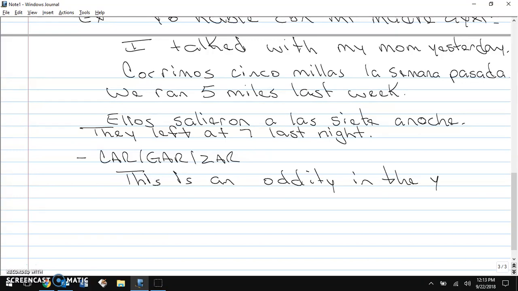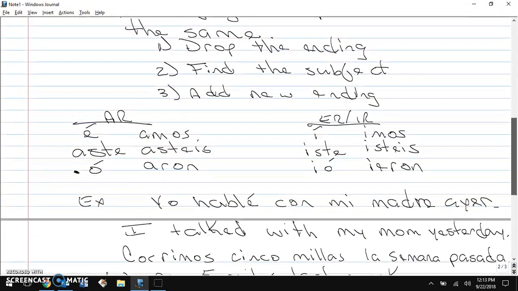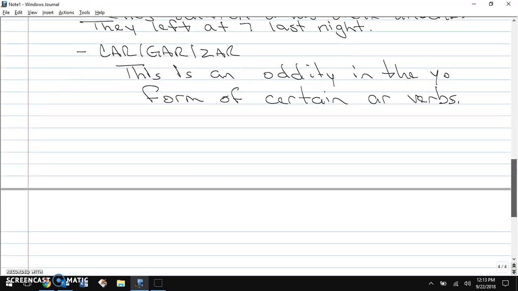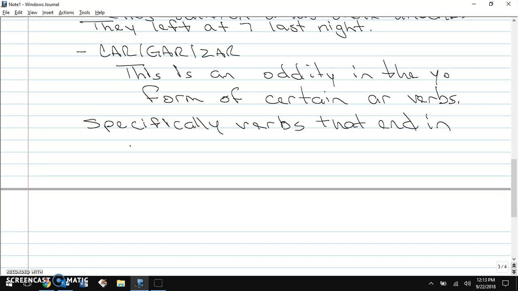In the yo form of certain AR verbs, specifically verbs that end in car, gar, and zar.